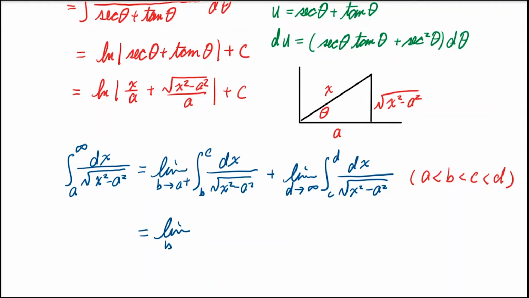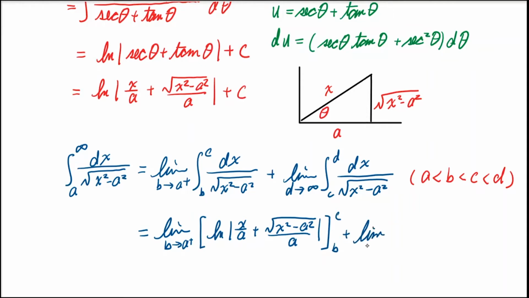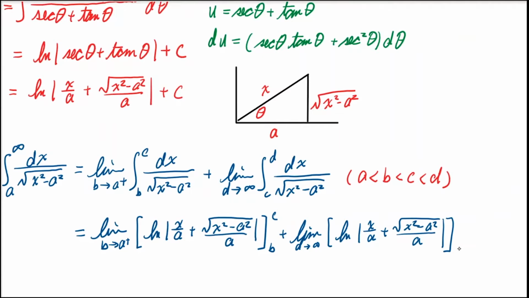So we have the limit of b approaching a from the right-hand side, and it is ln of x over a plus square root of x squared minus a squared over a, closed, from b to c, plus another limit of, this time, d approaching infinity, and then ln of the same thing, and this limit goes from c to d.